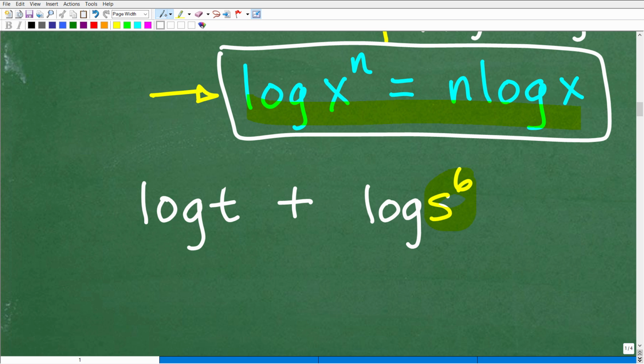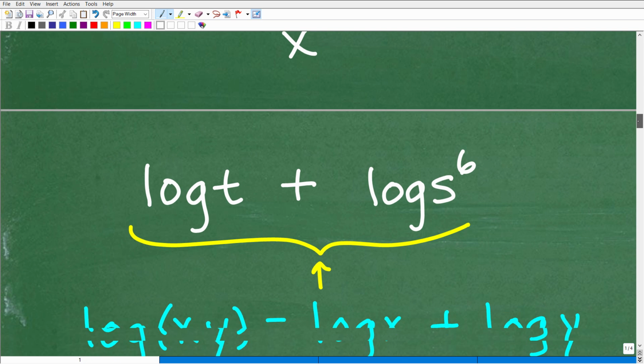Now we're looking at it, and we ask, can we do anything else? Well, yes. We have addition, and when you're adding logs, you want to be thinking multiplication. So we can simply have these two as factors of a product. This is going to be pretty straightforward.